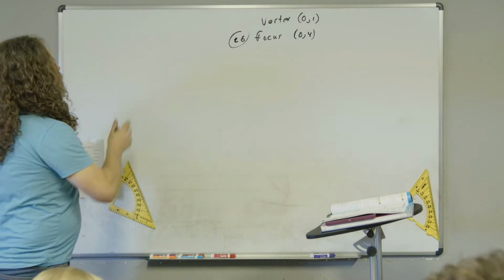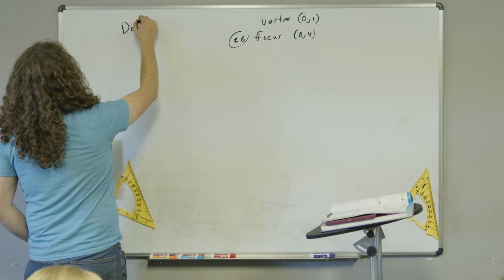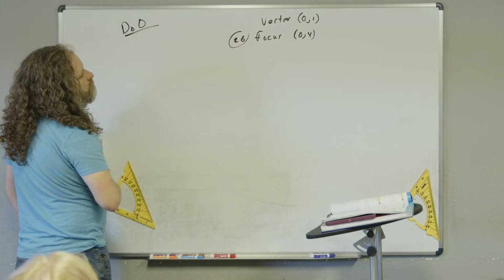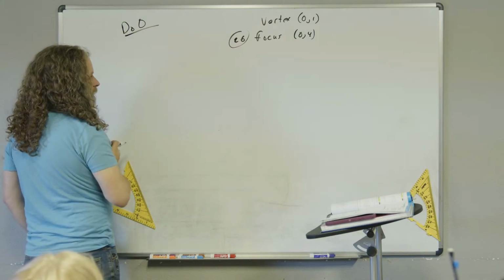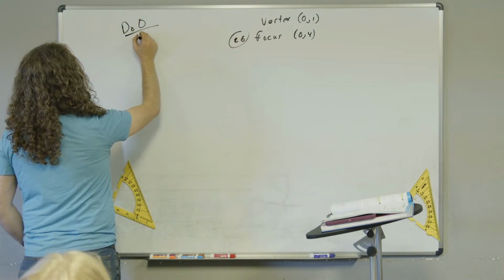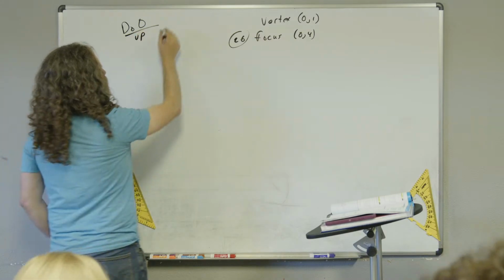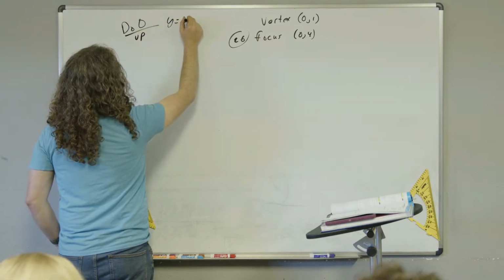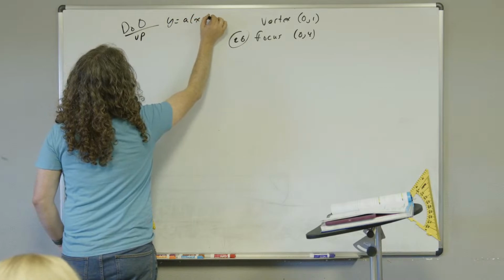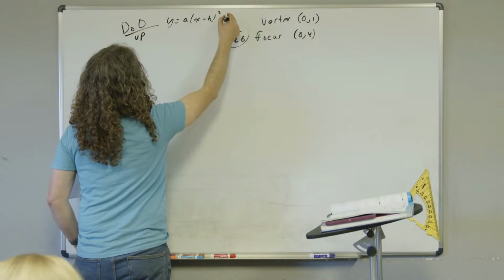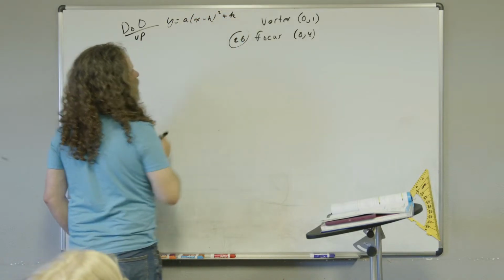What is the direction of opening? Up. So we're starting with y equals a times x minus h squared plus k, right?